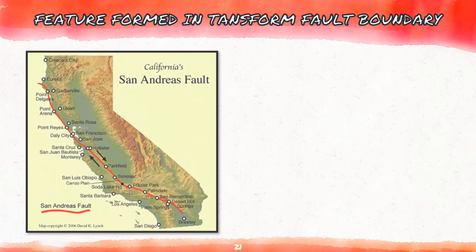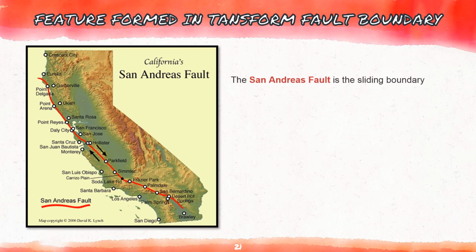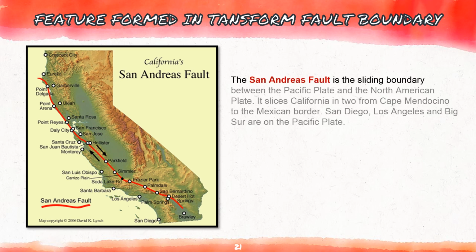A good example of the features under a transform fault boundary is the San Andreas Fault. The San Andreas Fault is a sliding boundary between the Pacific Plate and the North American Plate. It slices California in two from Cape Mendocino to the Mexican border.